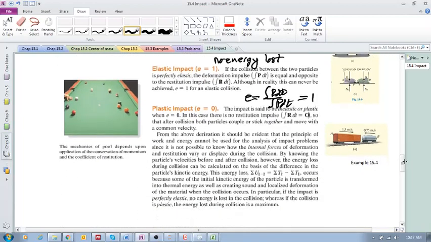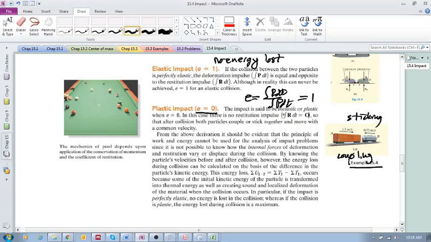Then the other extreme is E equals 0. This is where you have two particles colliding with each other and sticking together, or coupling. The example is example 15.4, where you had the two trains coupling together.